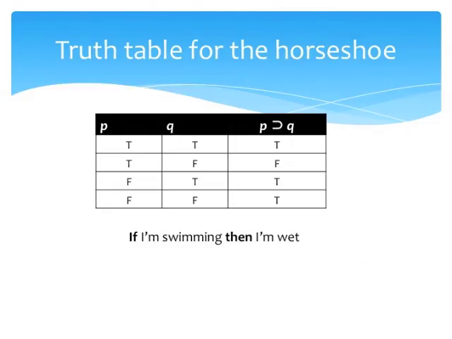If I tell you that if I'm swimming, then I'm wet, what I'm telling you is that whenever I'm swimming, I'm wet. That is that if I'm swimming, you can automatically tell that I'm wet. Or what comes to the same, what I'm saying is that it's never the case that I'm swimming and also that I'm not wet.